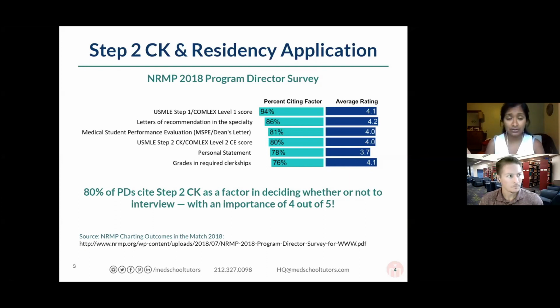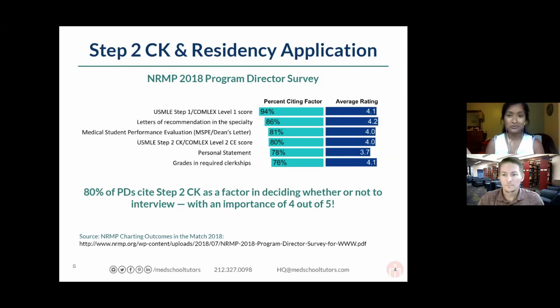It is an extremely important exam and is only going to increase in importance, A, as Step 1 will in 2022 turn to pass-fail, and secondly, as there's more and more of an emphasis on clinical decision-making and clinical medicine, and Step 2 CK, as we'll talk about, has a much stronger focus on the clinical decision-making aspect of medicine. So very, very important to do well on.